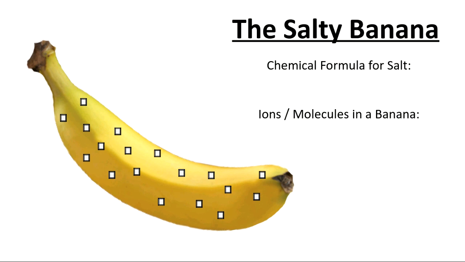When we were talking about what we found a lot of on the outside of a cell, we had a lot of sodium and a lot of chloride in those extracellular fluids. So if I sprinkled salt on the outside of my banana, I'd be putting a lot of sodium and chloride out there. That banana itself is really high in potassium. Potassium is the ion that we see a lot in bananas. Potassium was K+.